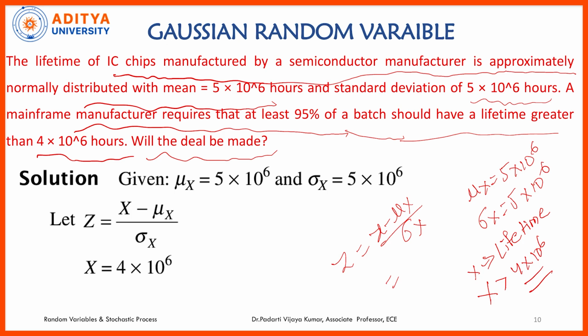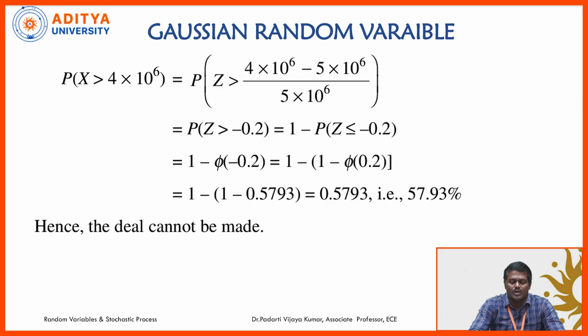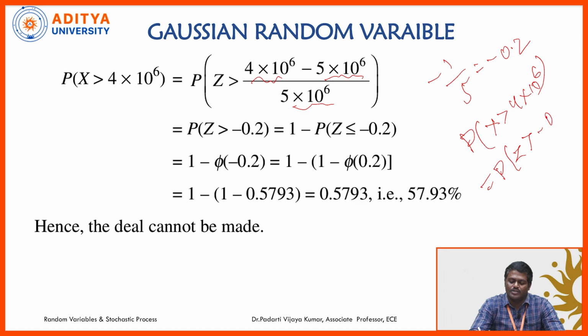So, x minus mu x by sigma x. Calculating this, 4 into 10 power 6 minus 5 into 10 power 6 by 5 into 10 power 6, we will get minus 1 by 5, that is minus 0.2. So the probability of x greater than the given value 4 into 10 power 6 is mathematically equal to the probability of z greater than minus 0.2.